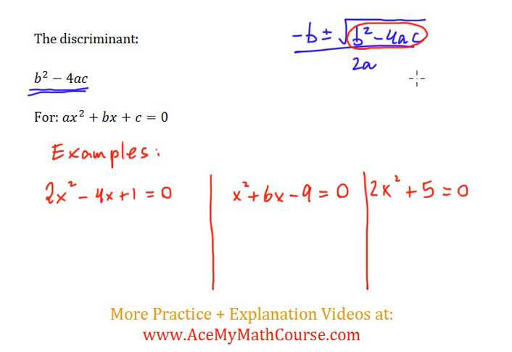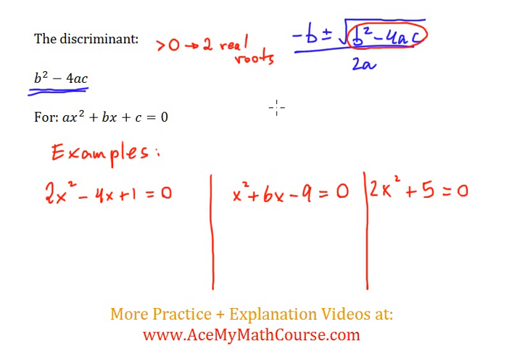Well, it's actually very important, because this value, whatever it works out to be, will tell us how many solutions we're going to have for our quadratic equation. So if the discriminant is positive, when it's greater than 0, we have two distinct real roots.